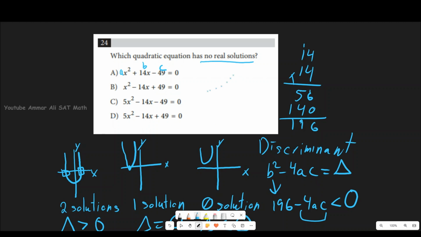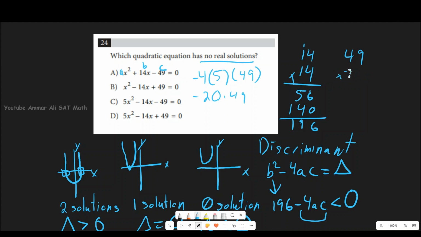So let me just test out D. Let's look at what -4ac would be. So -4 times 5 times 49. That's going to be -20 times 49. So 49 times -20.